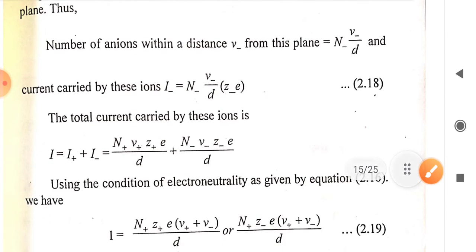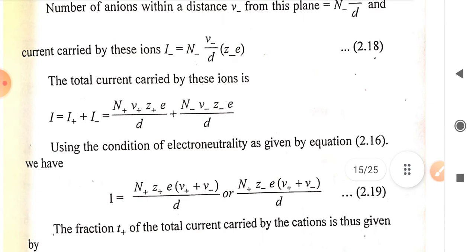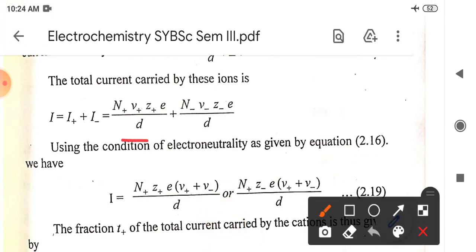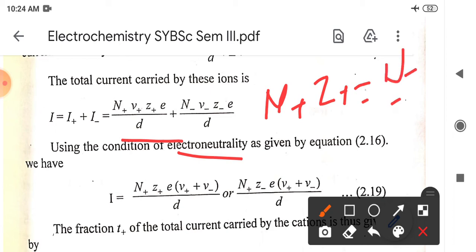So what will be the total current? The total current will be the summation of the cation current and the anion current. That is n plus v plus z plus e upon d plus n minus v minus z minus e upon d. By using the condition of electron neutrality, we can substitute n plus z plus equal to n minus z minus.